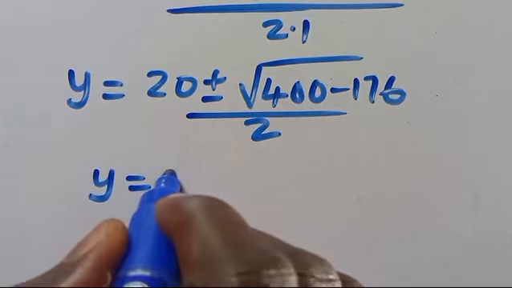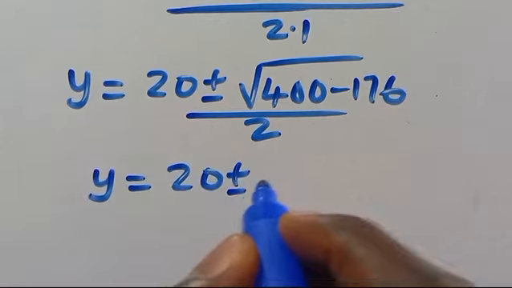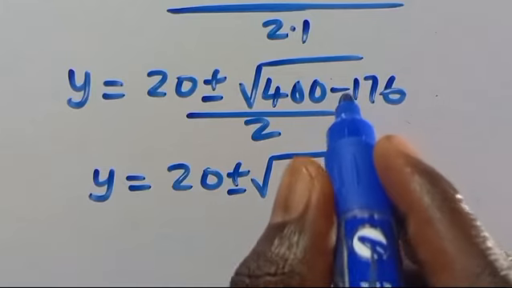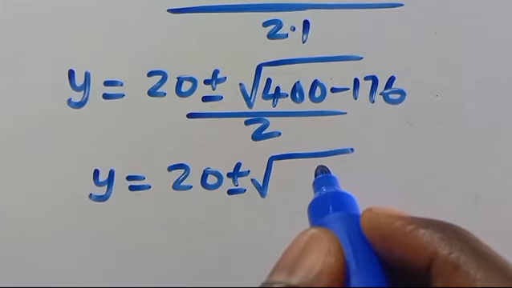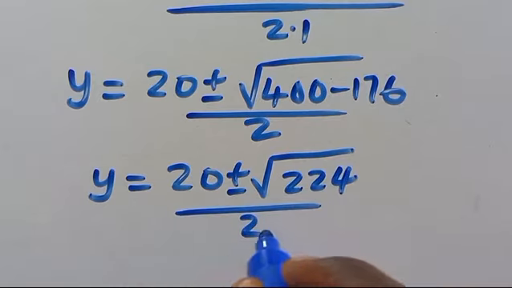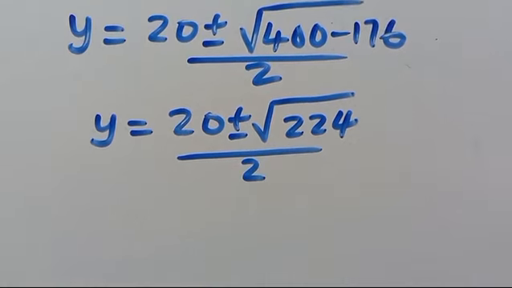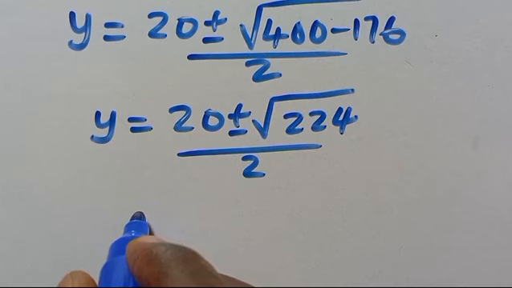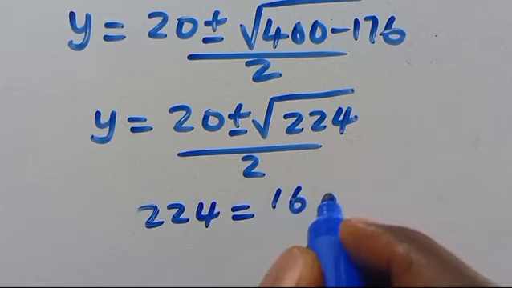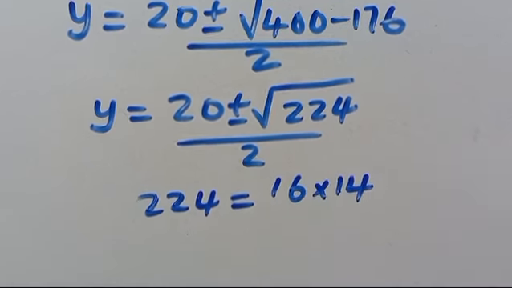Y equals 20 positive or negative root of 400 minus 176. This will give us 224 over 2. So from here, we have 224 as the product of 16 times 14.